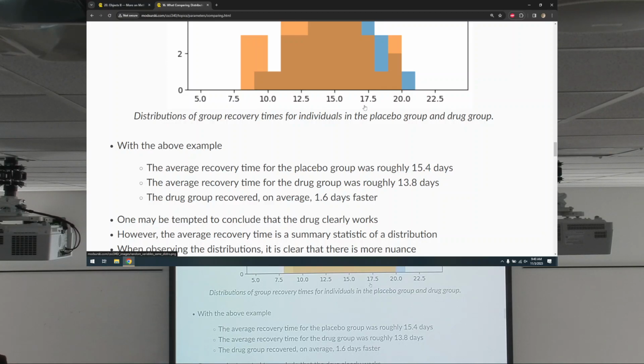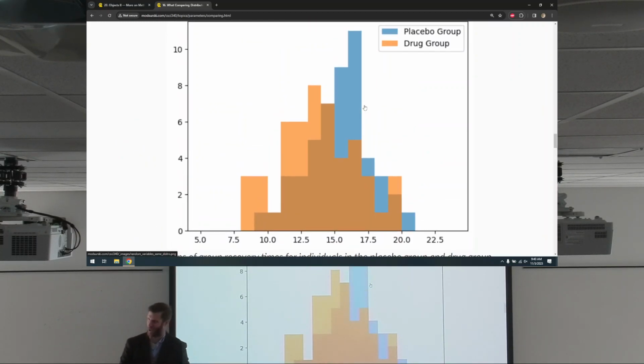No, it's a single value that is being used to summarize that distribution. But when you look at that distribution, there's a lot going on. A simple single summary statistic doesn't really cut it. It's tempting, but it doesn't tell us much about the actual distributions of what's actually going on here.